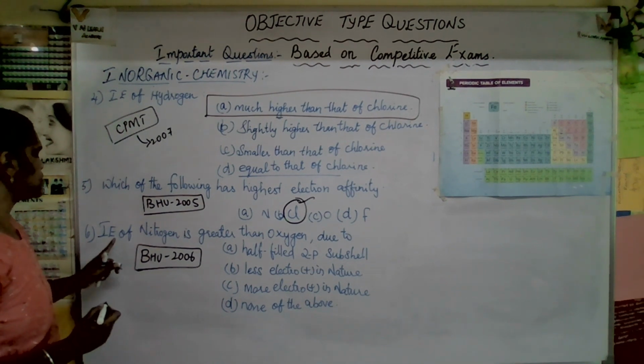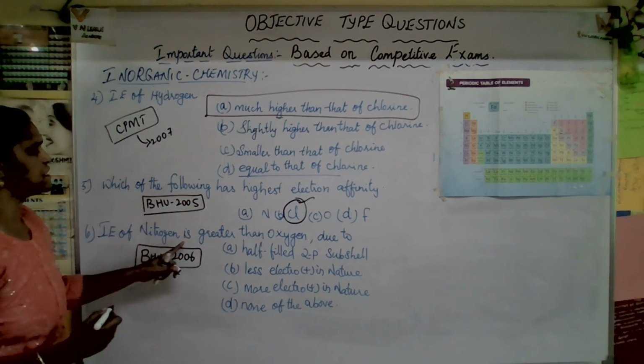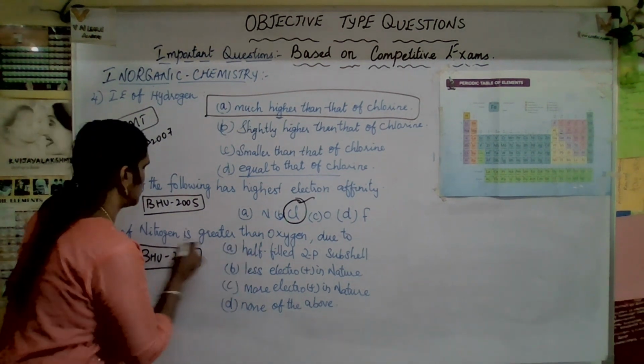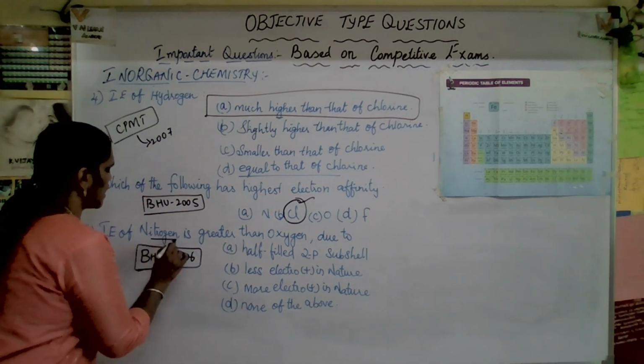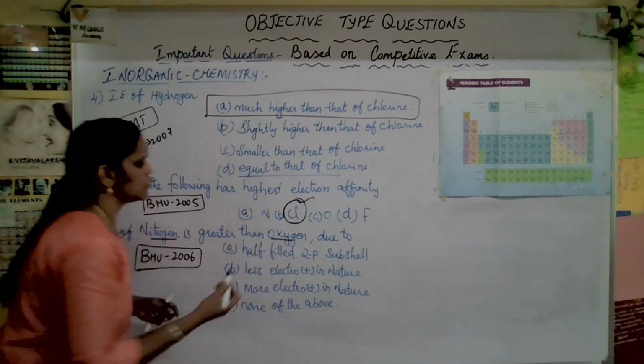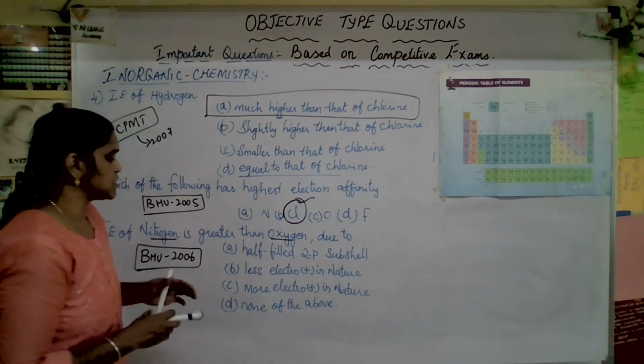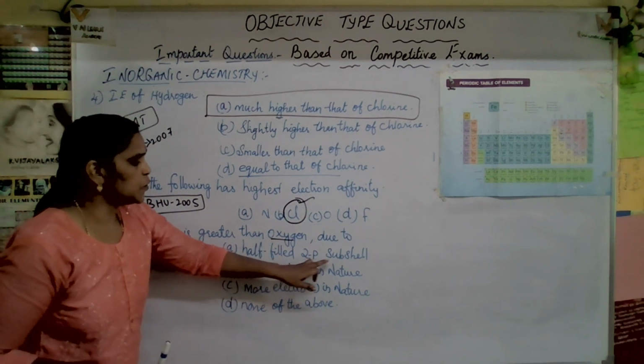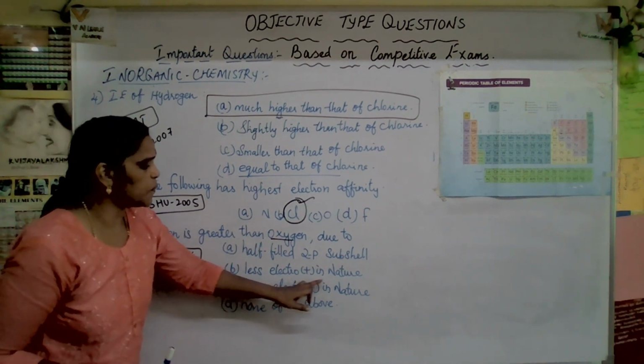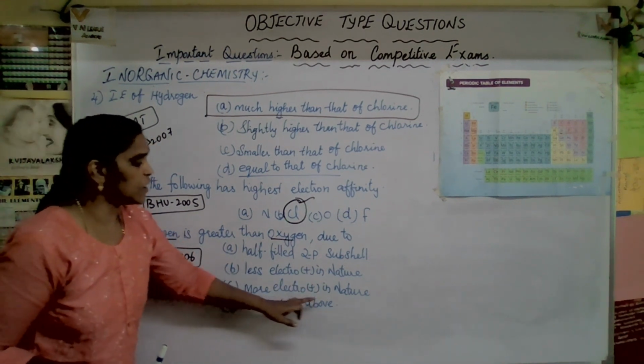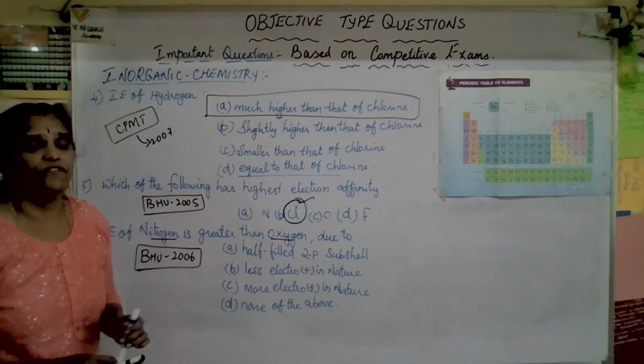Okay, now the ionization energy of nitrogen is greater than oxygen. Why? Due to what? Option A, half-filled 2p subshell; less electropositive in nature; more electropositive in nature; none of the above.